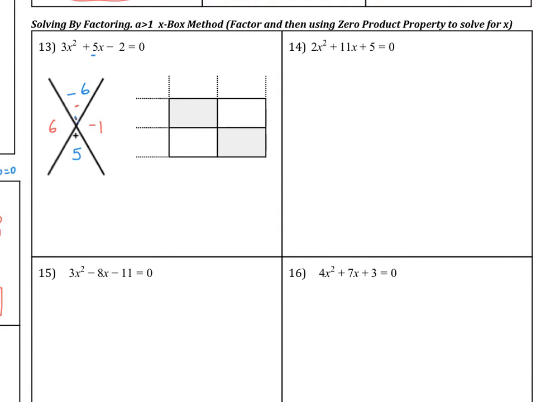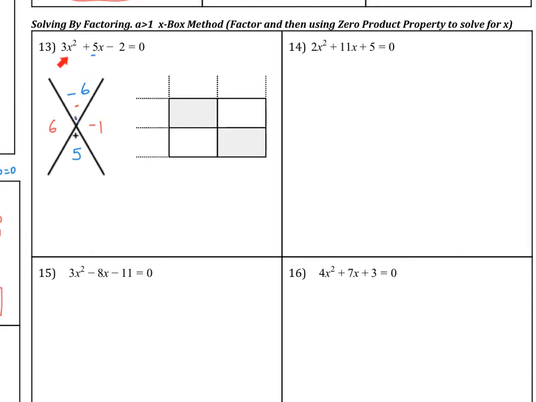Now in the previous section, we just wrote x plus 6 and x minus 6 equals 0, and we were done. Now we are going to fill this box right here. So we're going to fill these 4 boxes. You see these gray boxes, that we're going to use a number from the original equation.